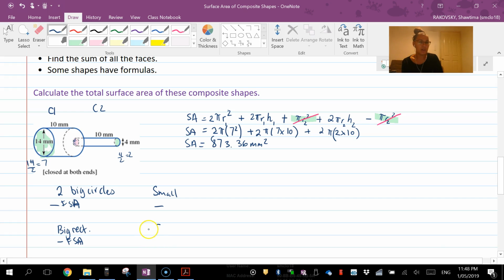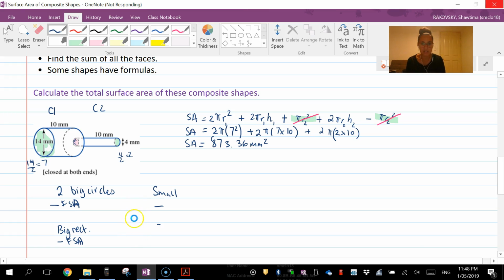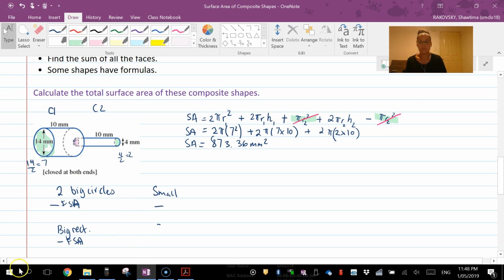So just try to minimize how much calculating you're doing, because the more you do, the more opportunities for errors to emerge. And if you're rounding, that might also impact your answer.